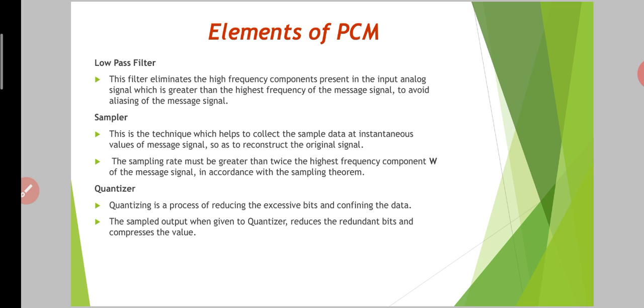In that, we discussed the first stage, the information source, then the A to D conversion, which means the analog continuous signal is changed to discrete in nature. Don't forget that point. So here the output of the low pass filter is an analog signal, and that analog signal is fed to the sampler.